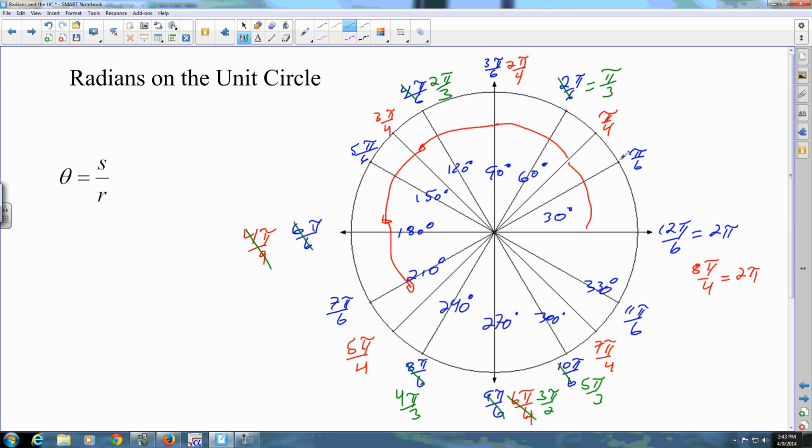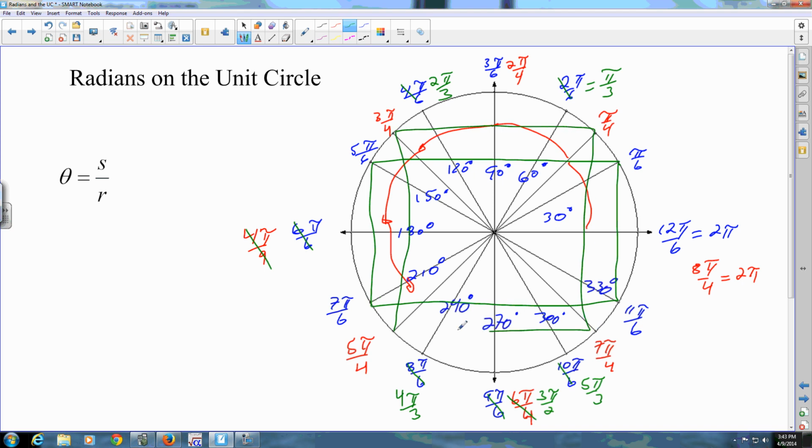But what you should notice is check out the pi over 6, 5 pi over 6, 7 pi over 6, 11 pi over 6. These all have 6 as the denominator. All the red ones here that are on this square all have pi over 4. 4 is the denominator. And then what's left is pi over 3.